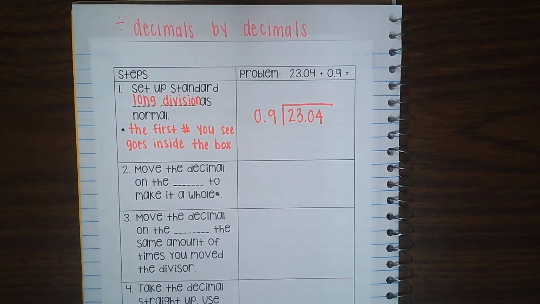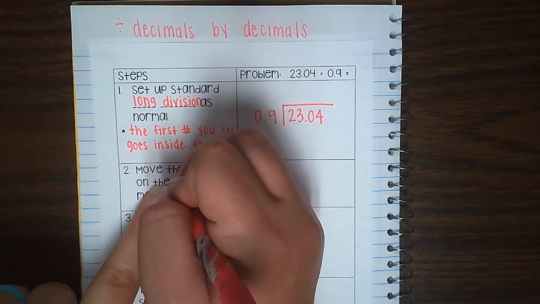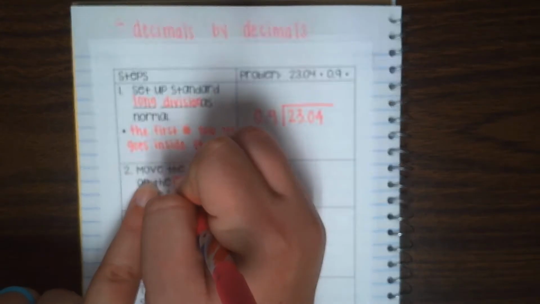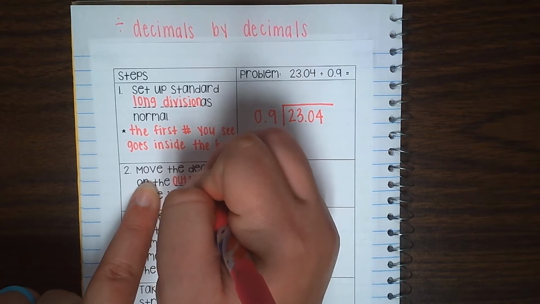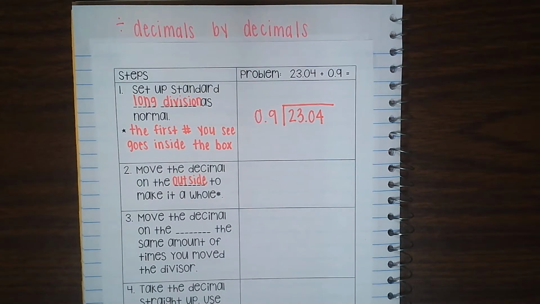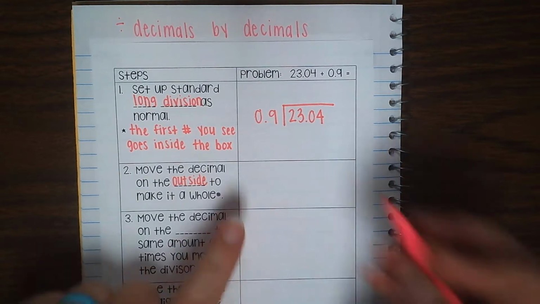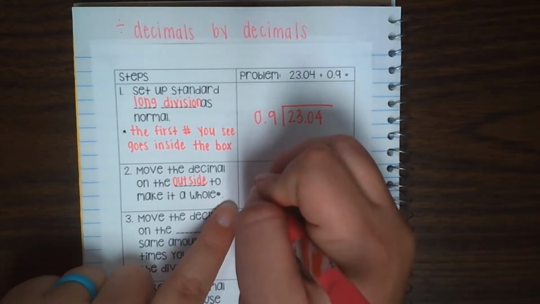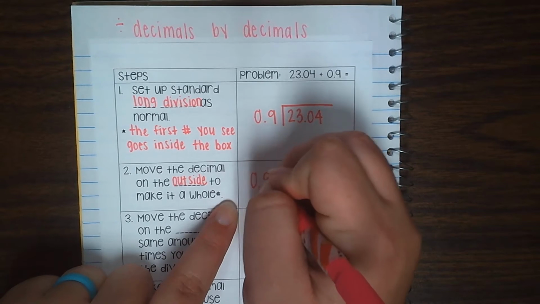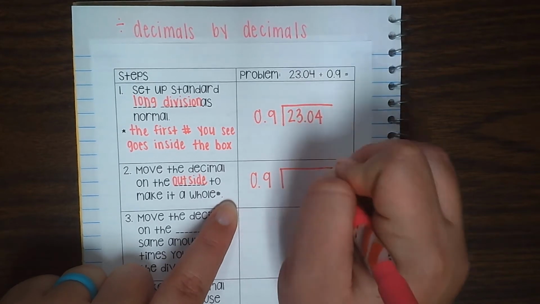Step number 2 is to move the decimal on the outside to make it a whole number. So I'm going to rewrite my problem.